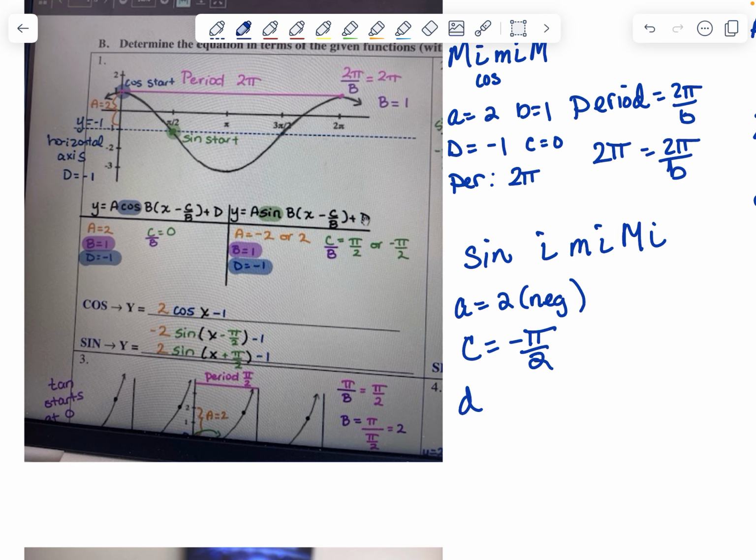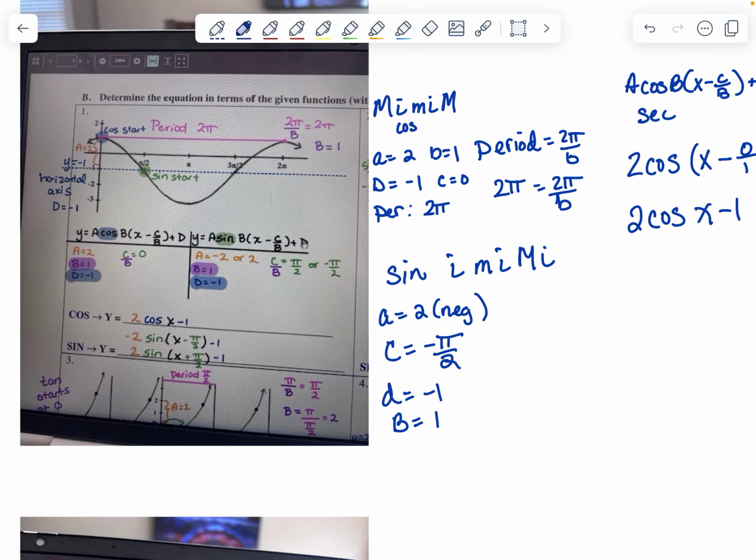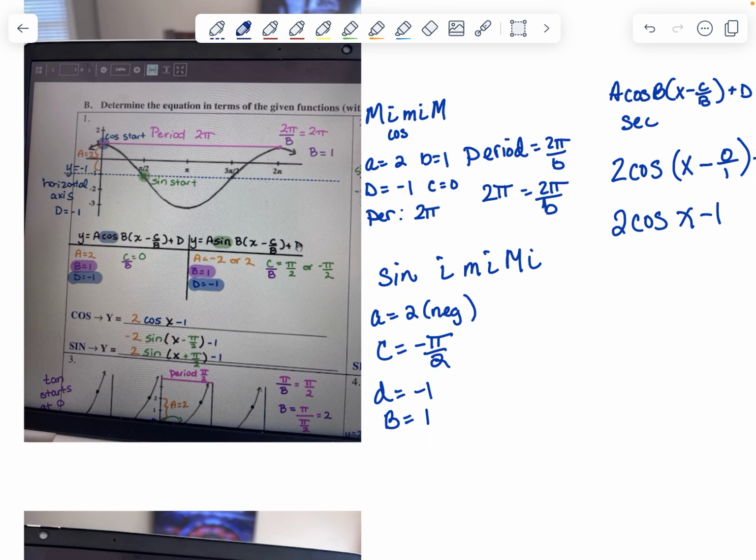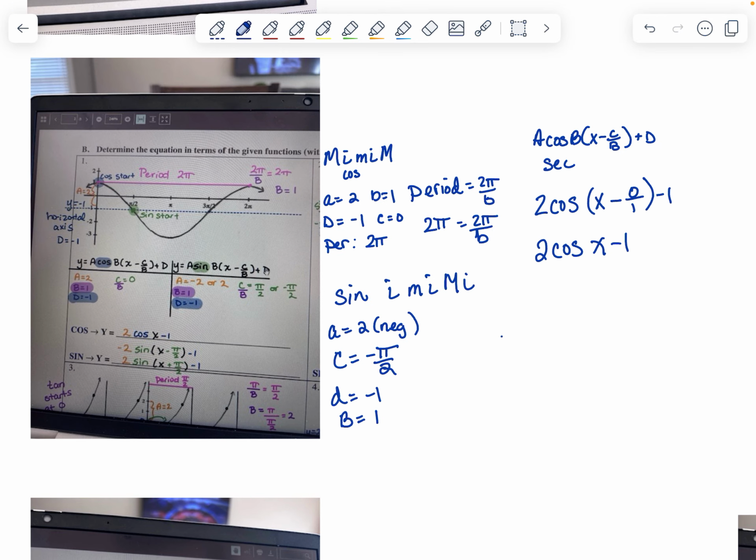And our D is still -1. And our B, the same thing, because it's the same period, our B is still 1. Okay, so then we're going to take all those and you'll see it's the same pattern. -2 sine, the B is 1, x minus pi over 2 over 1, which is just pi over 2, minus 1.